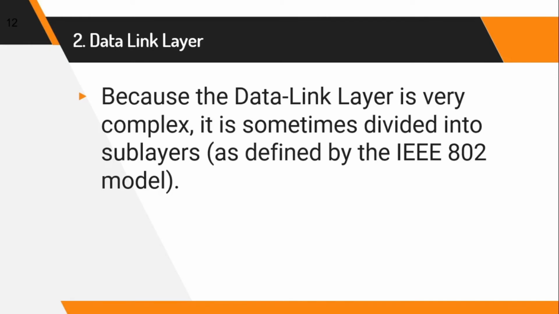Because the data link layer is very complex, it is sometimes divided into sublayers. The lower sublayer provides network access, and the upper sublayer is concerned with sending and receiving packets and error checking.